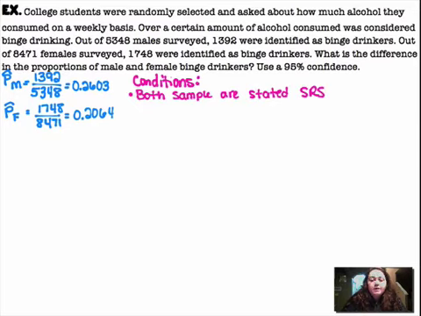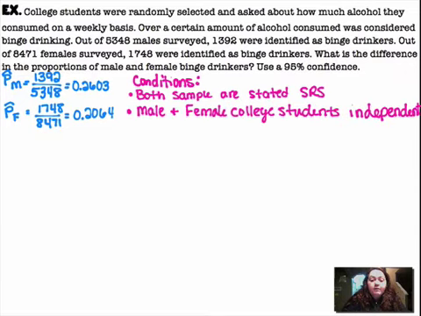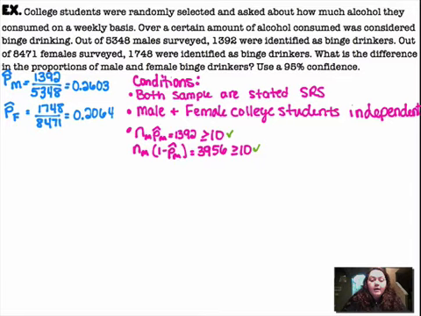Our conditions that we have to check. Both samples are stated simple random samples, so both are random. Male and female college students are independent of each other. You could combine those two conditions if you want. N for males times p hat for males equals 1,392, which is greater than or equal to 10.